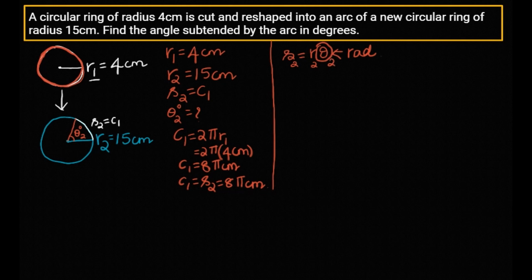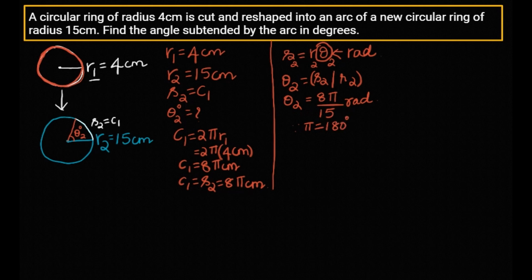So when we rearrange this equation, we get theta 2 is equal to s2 divided by r2. Theta 2 is equal to 8 pi centimeters divided by 15 centimeters. So the value of theta 2 in radians is 8 pi by 15 radians. When we substitute the value of pi to be equal to 180 degrees, we can find the value of theta 2 in degrees.